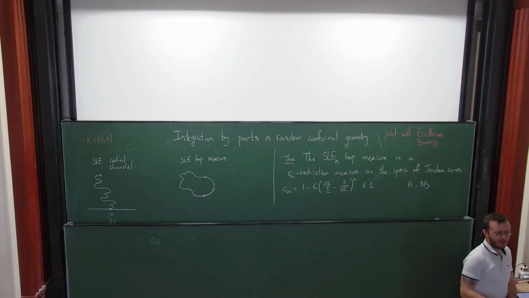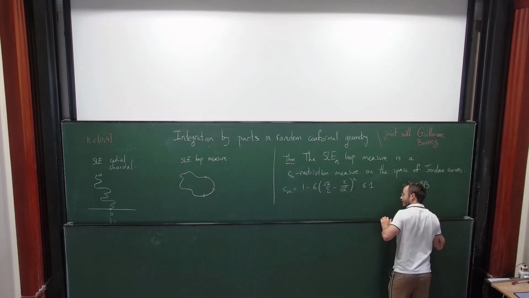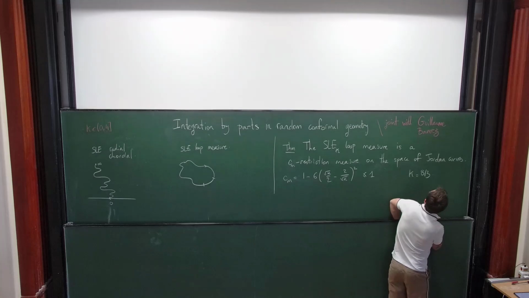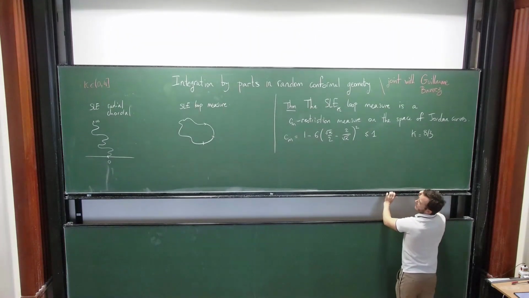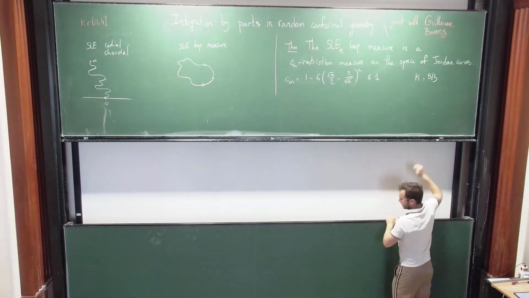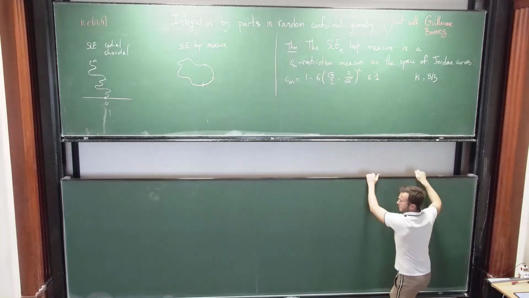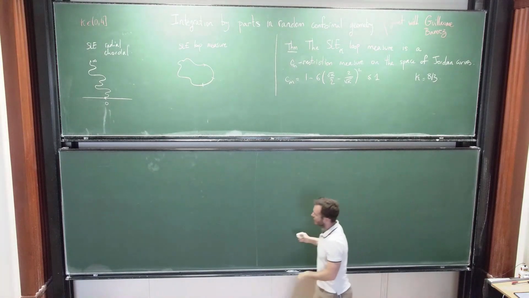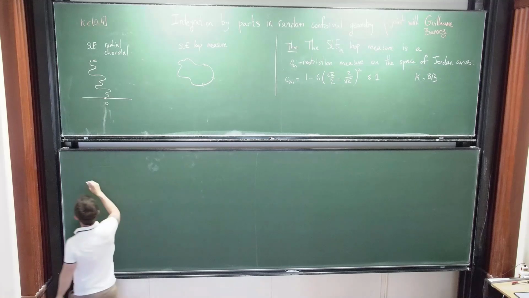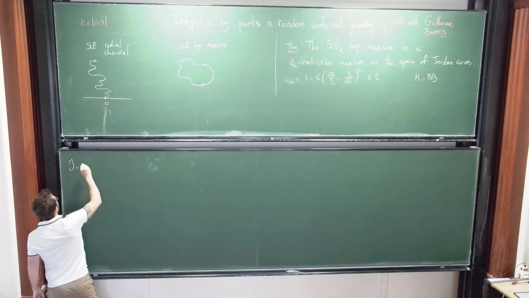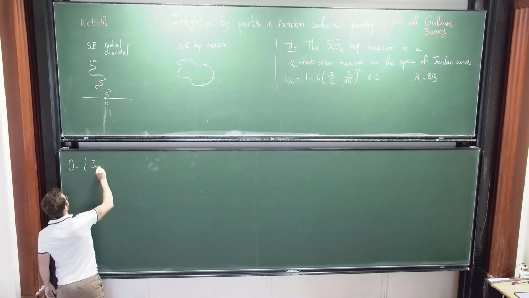Okay, let me give you the definition of the c restriction measure. J will be the space of Jordan curves.